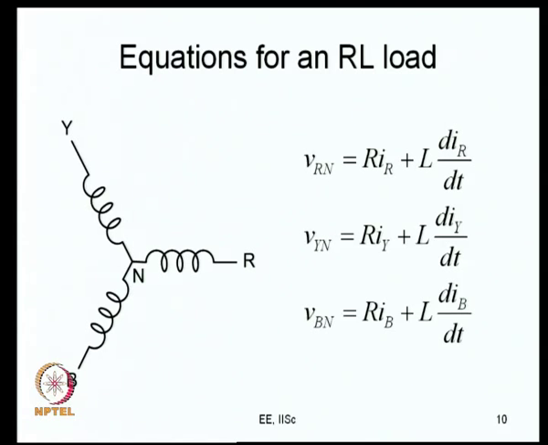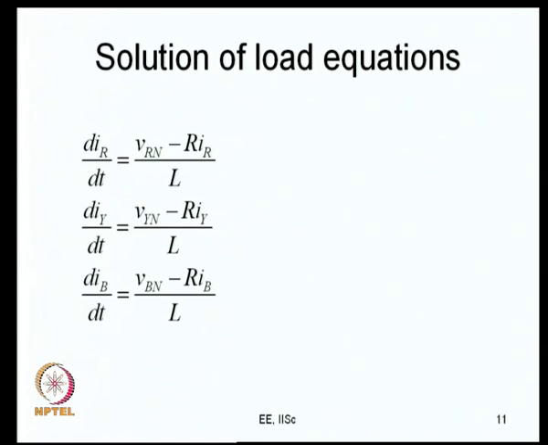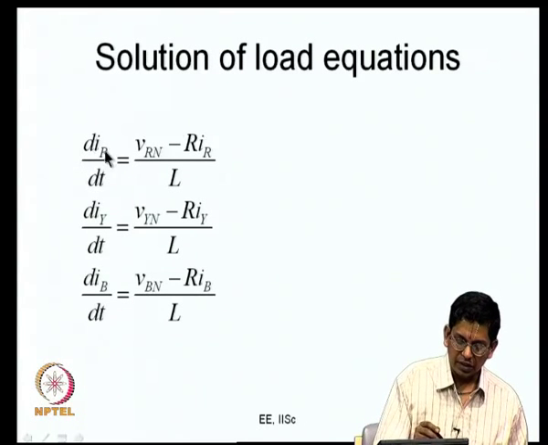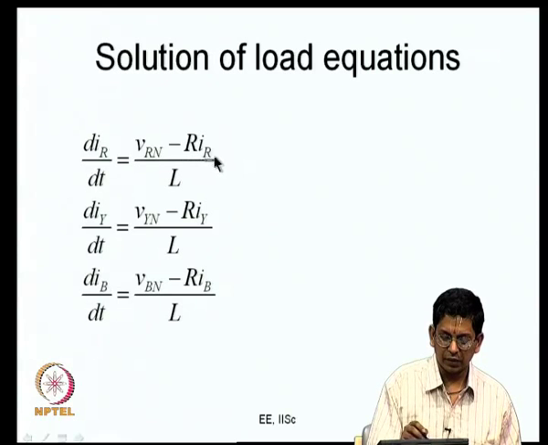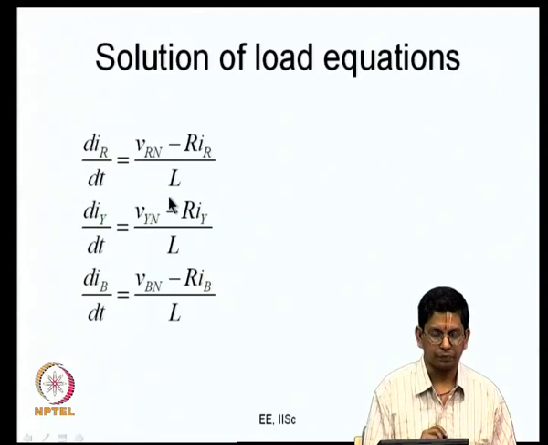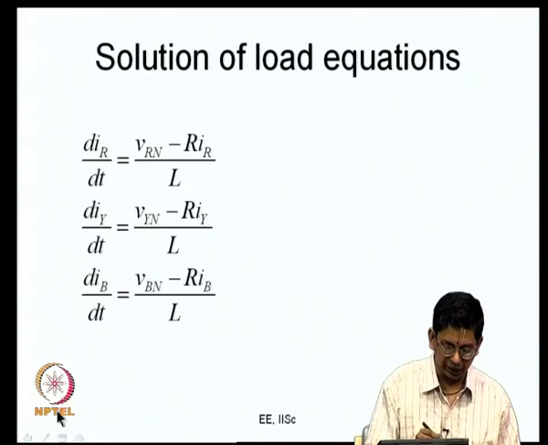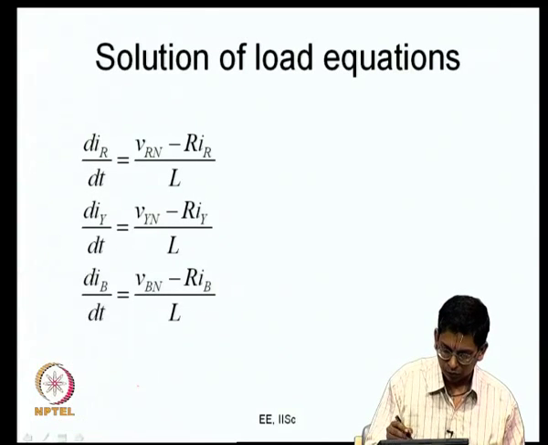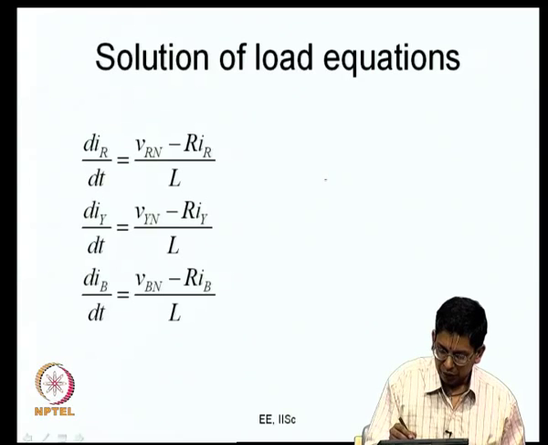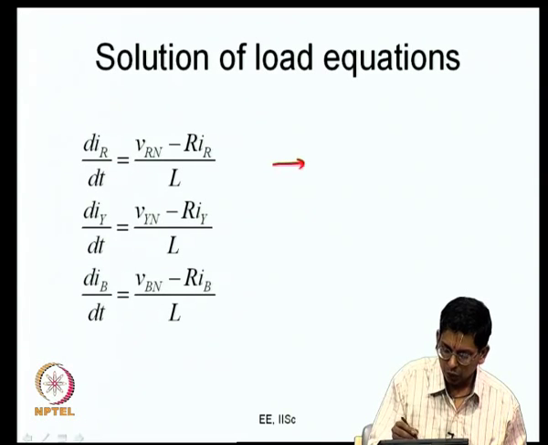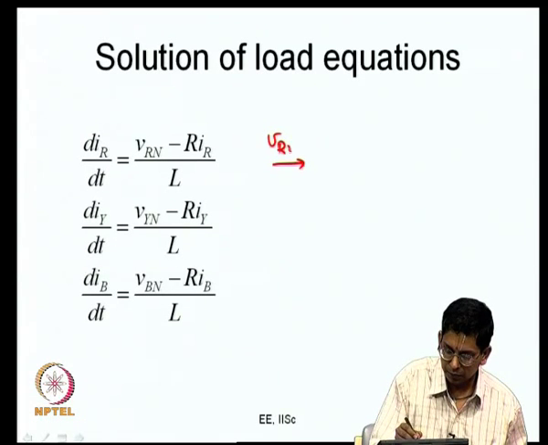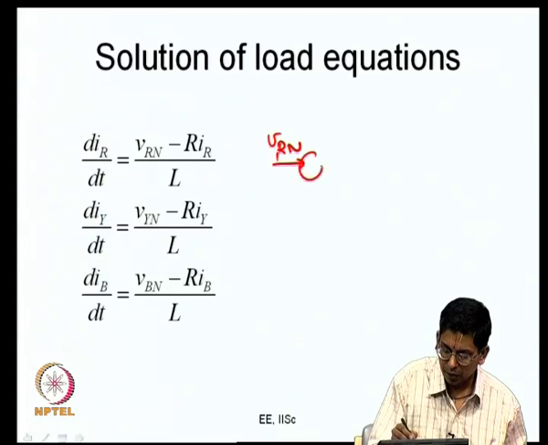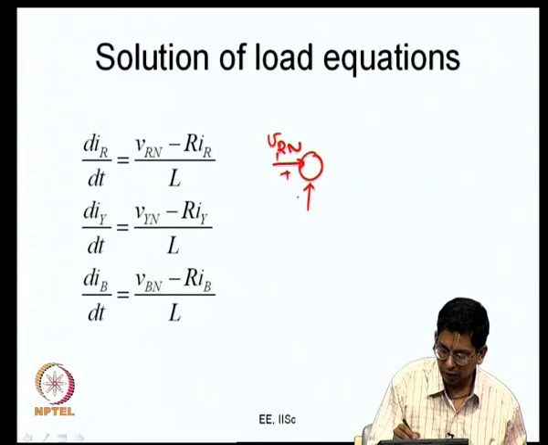How can you solve the load equation? You can rewrite this as dIR by dt is (VRN minus R IR) by L, and this you can integrate now. What you do is, let us say you have VRN, and from this VRN you can subtract R IR.